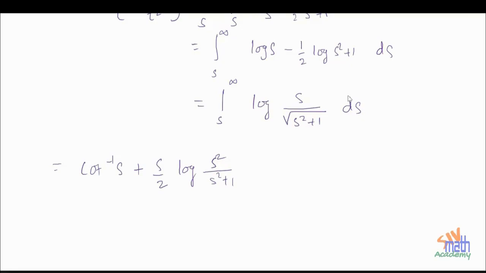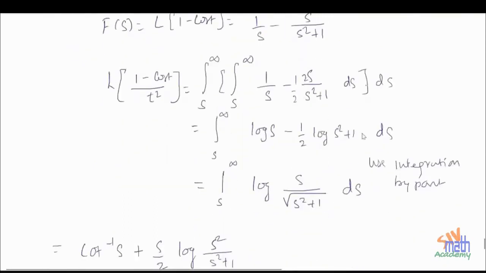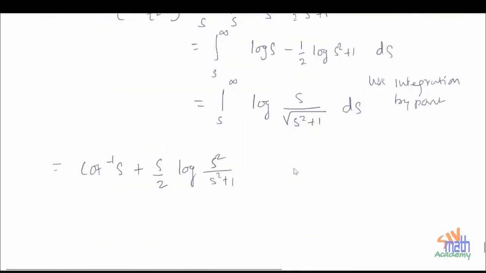This integral you have to do by integration by parts. Then it will simplify to this. It's a tough problem, not an easy one. With one t, it comes easily. For the second t, you have to once again integrate this logarithmic expression. So again a tough procedure is there. Then you can simplify. Finally that comes out to be this expression.